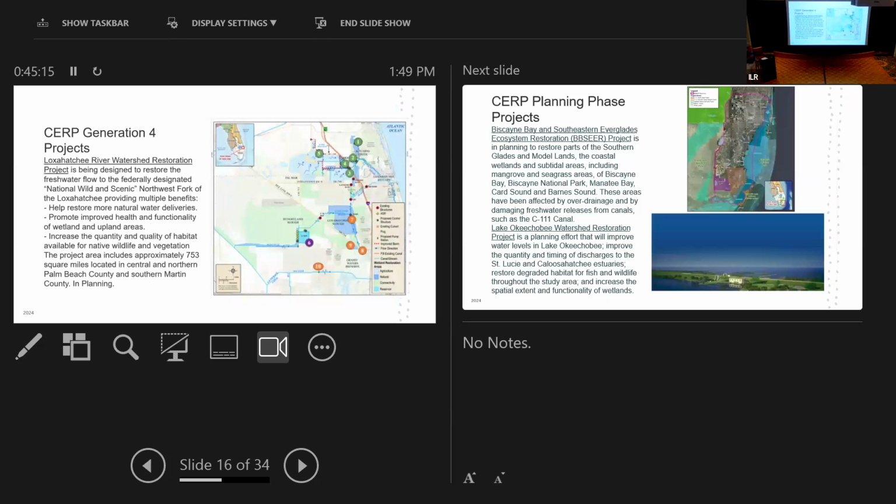This Generation 4, this is like maybe light years away, somewhere out there, and they call it in planning. I think it's in the thought phase. This is the Loxahatchee River watershed, and what it's about is most of the flow into the Loxahatchee River goes through the South Fork, which is the channelized fork, and it has a control structure on it.